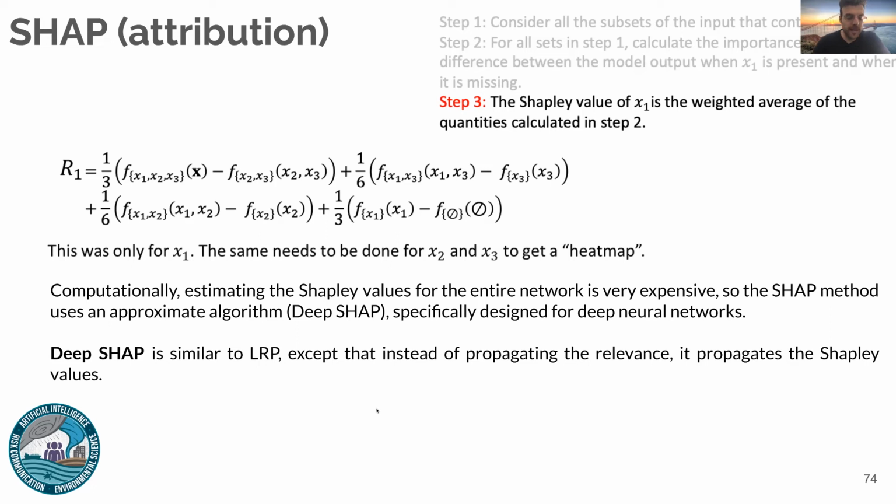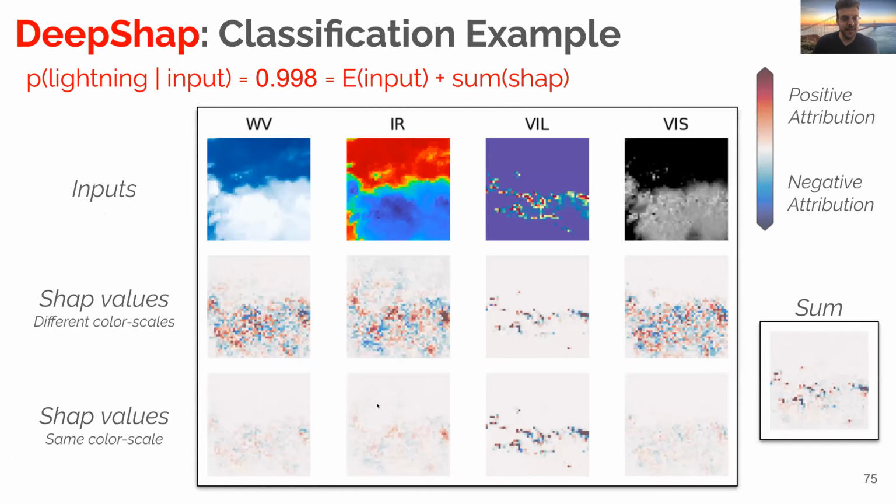So DeepSHAP, this is the name of the algorithm, is designed specifically for deep networks, aiming at approximating the Shapley values for the entire network by propagating them in a layer-wise backpropagation, similar to LRP. I think this concludes the description of SHAP. And now, Randy.